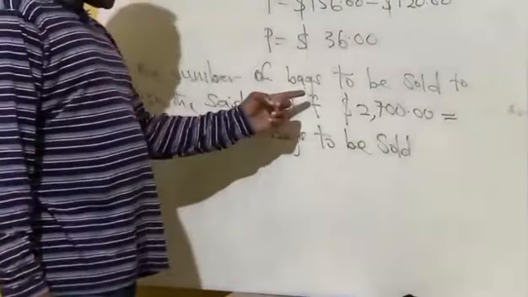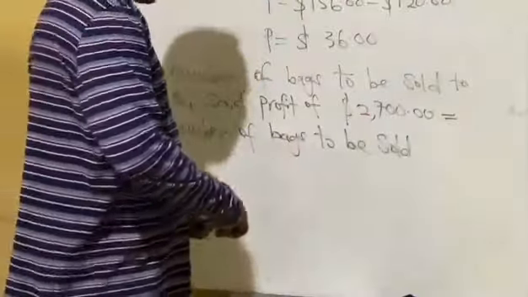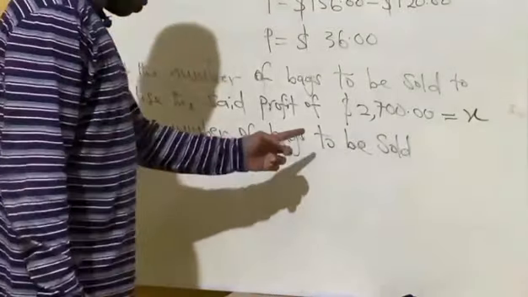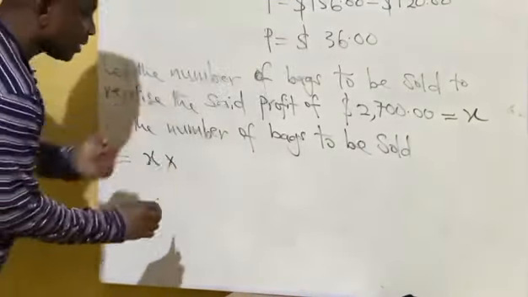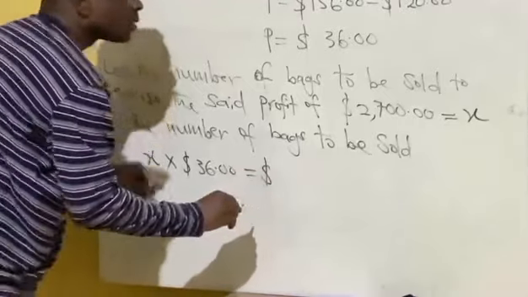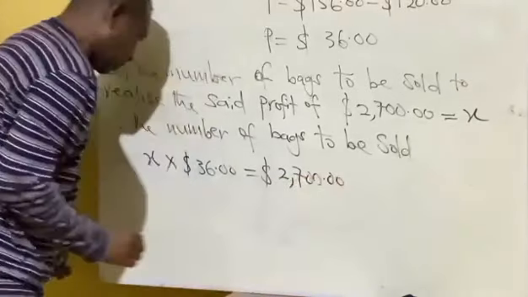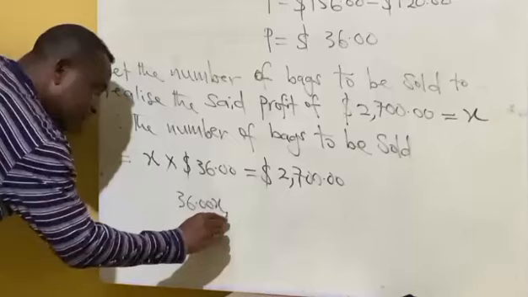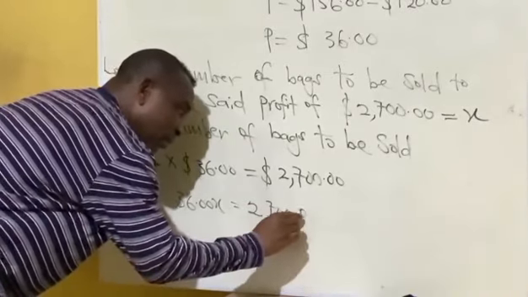Let the number of bags to be sold to realize the profit of $2,700 be x. So the number of bags x times the profit of $36 will give us $2,700. Multiplying, we get 36x is equal to 2,700.